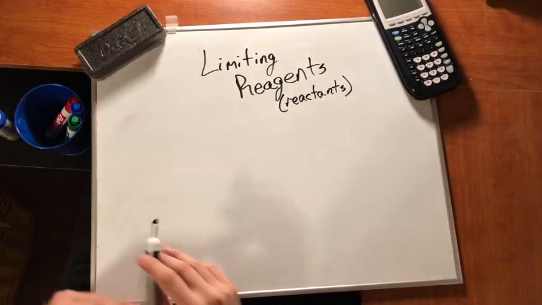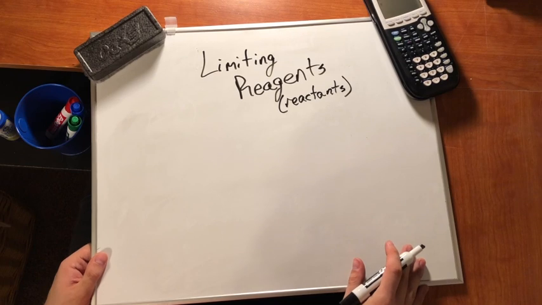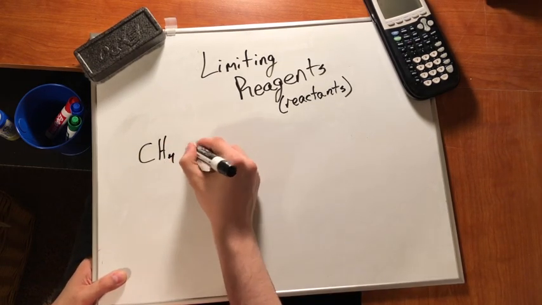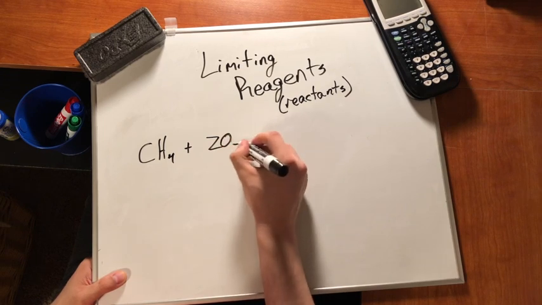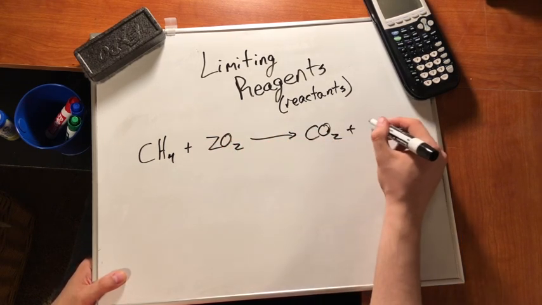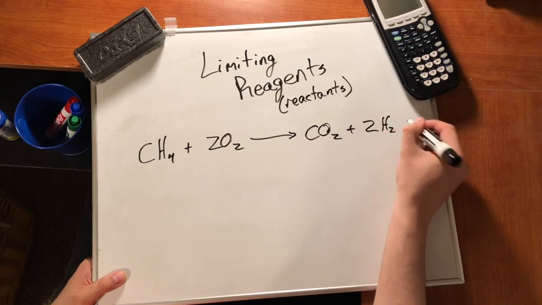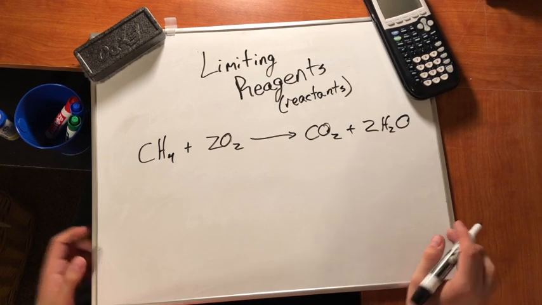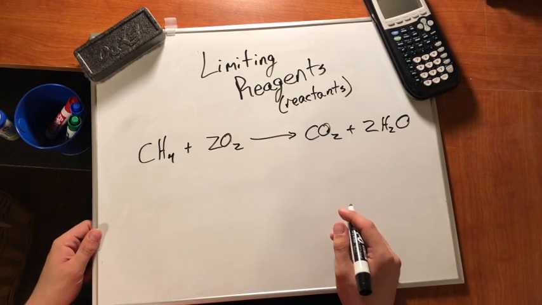Okay, so now that we've looked at that, let's go back to our example of combustion. Let's go back to our CH4 plus 2O2 yields CO2 plus 2H2O. Let's just make up a hypothetical scenario.